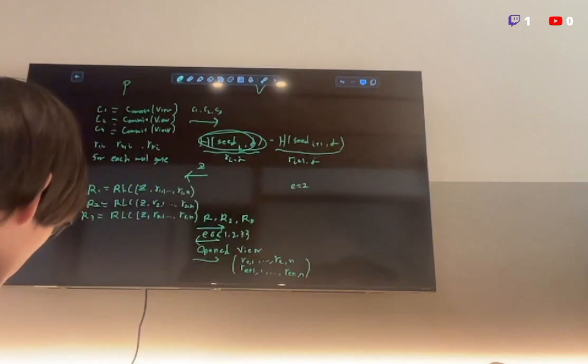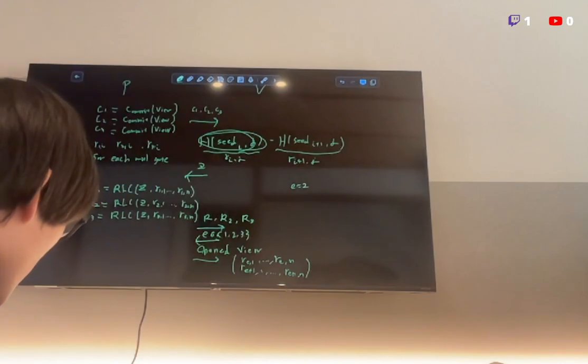In that case, the verifier can receive the multiplication share of the multiplication results directly.